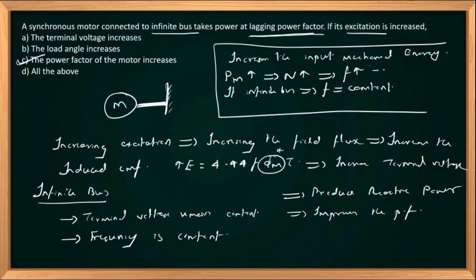In that case, if the frequency cannot increase, what will happen? Its electrical power output will increase. If the electrical power output increases, its load angle will increase. It will increase the output electrical energy. Let it be represented as PE. PE will increase, and PE increasing means that the load angle is increasing. It will increase the load angle.